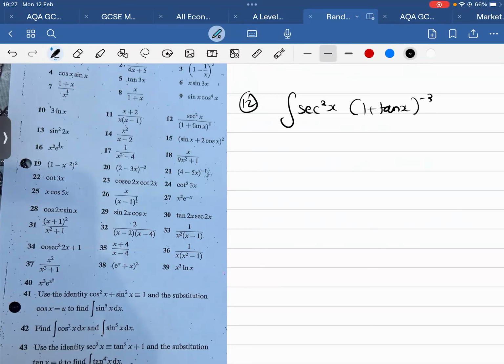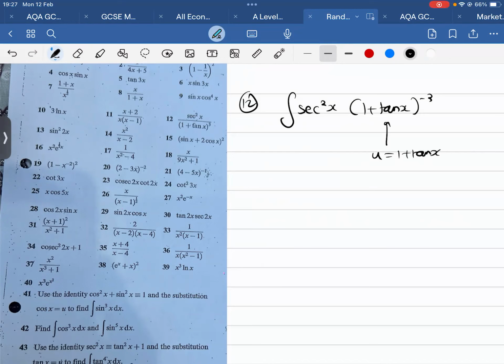It could maybe be sec, but most likely it's 1 plus tan x. Whenever you have something to a power, if it's 2 things times, you can use parts, but it's 2 trig things, so just use one of them, and then most likely you have to look for a trig identity. This question will be substitution of u equals 1 plus tan x and the formula book and trig.